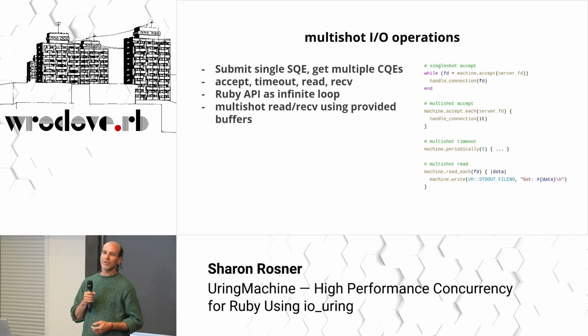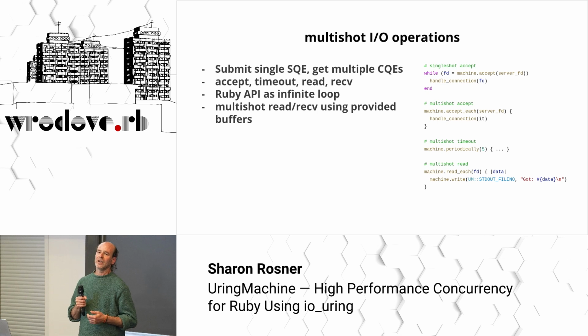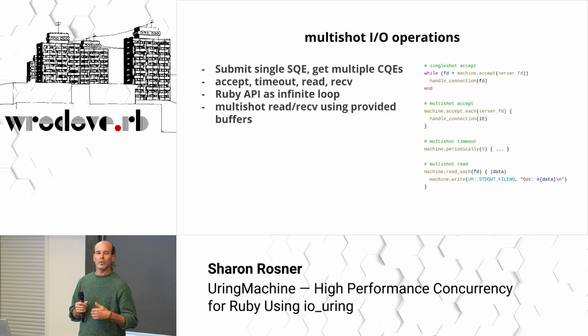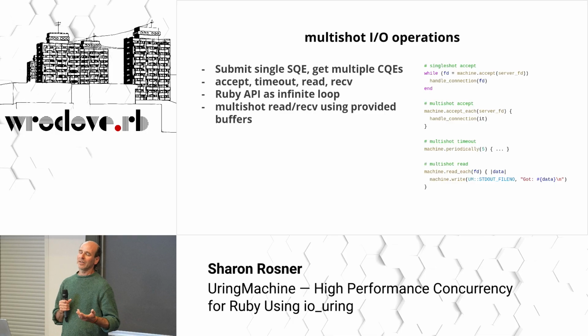UringMachine also supports using multi-shot operations. So IO-Uring has a few different operations that are multi-shot variants of the normal operations, namely for accept, for timeouts, for reads, and for receives. Normally with IO-Uring, you submit an SQE once and you receive a completion once.